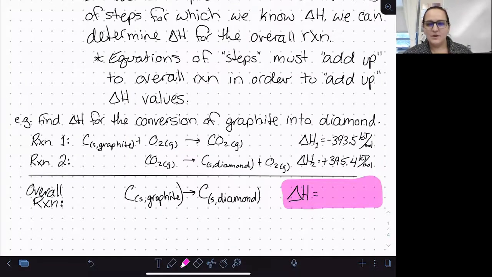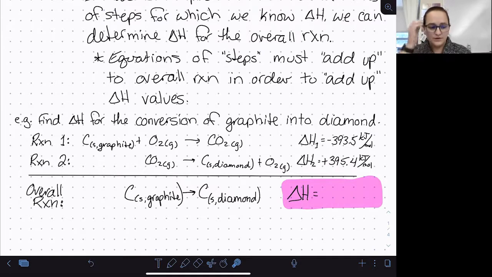So let's say that we want to find the delta H, the enthalpy change for the conversion of graphite into diamond. So we're looking for the delta H for the conversion of carbon in its graphite form to carbon in its diamond form. If we don't know that, but we know the delta H for the reaction where graphite reacts with oxygen to form carbon dioxide, if we have that delta H, as well as carbon dioxide reacting to form diamond and oxygen, we have that delta H, that's all we actually need.